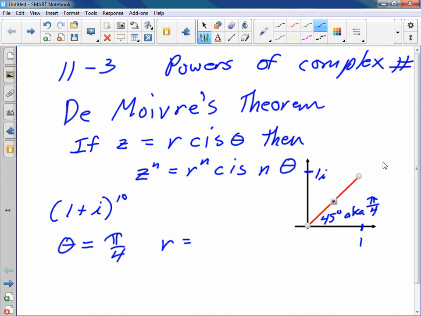How much? Square root of 2, loud and proud. So our r, theta here is square root of 2, comma, pi over 4.